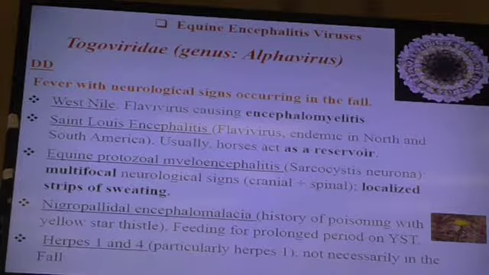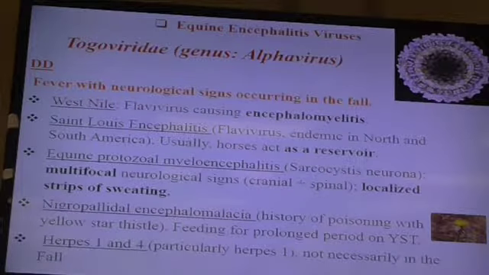Equine protozoal myeloencephalitis. That's caused by Sarcocystis neurona. Have you had this in the first year? It's a protozoa. Basically, sarco refers to what? Muscles, exactly.